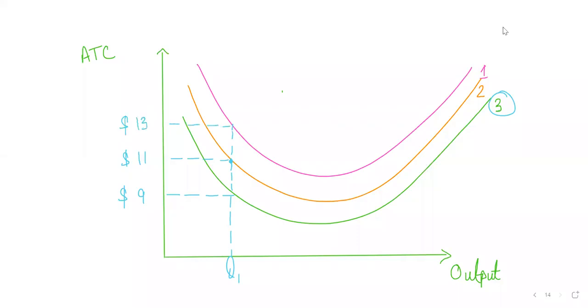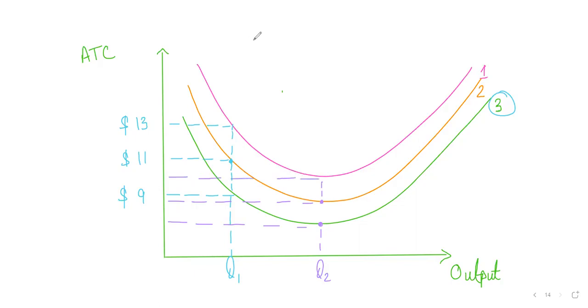So at any output level, and this is very important, that's why I'm stressing on it. If I take any random quantities, you will see that the lowest possible cost of producing that output would always be on ATC 3. The lowest possible cost for any output level would always be the lowest possible ATC. This is making sense, right?